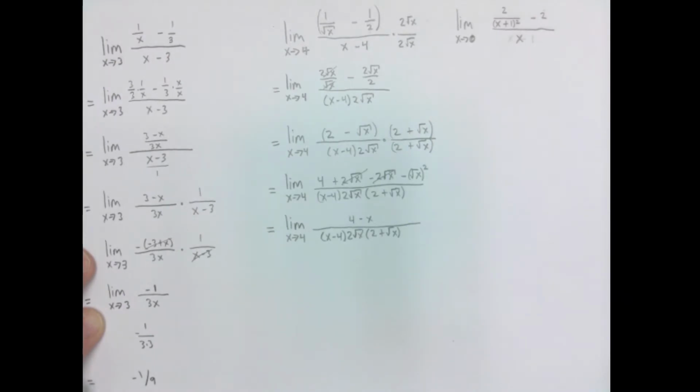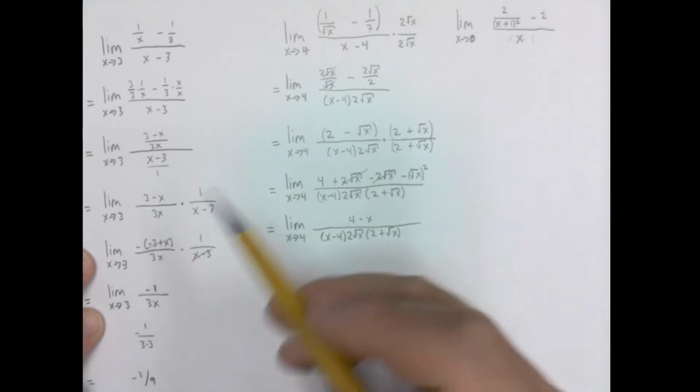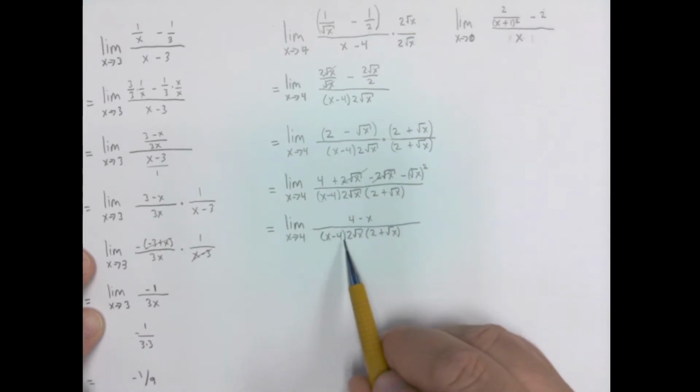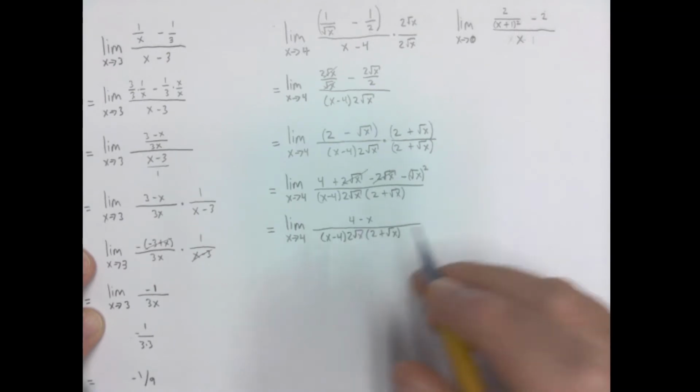Okay? So we have kind of run into the same situation we ran into right here. We have almost the cancellation we're looking for, but not quite. We have 4 minus x, x minus 4. How can we remedy the situation? Well, we'd factor out a negative sign.